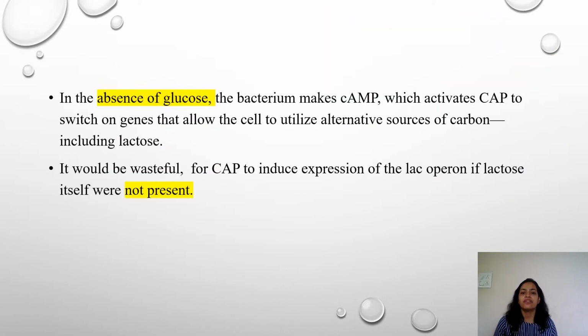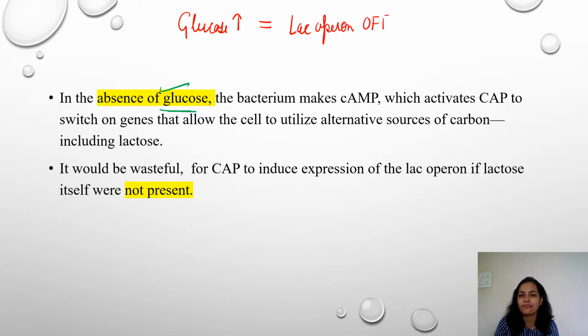We have already talked about the absence of glucose. When there is high glucose, the Lac Operon will be off. And when there is no glucose, the Lac Operon has to be switched on, because now the lactose has to be utilized.